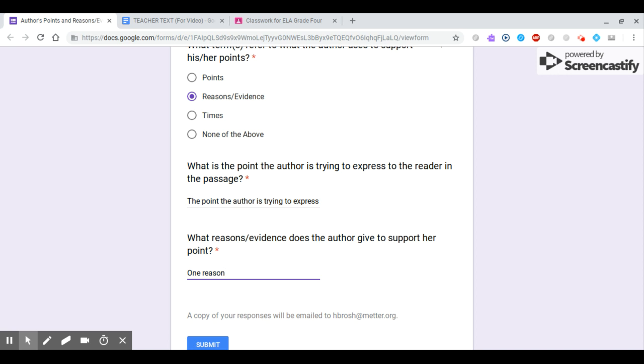One reason the author gives is that a bag of chips is 3 times more fatty than an egg and toast. And I'm going to get at least one more.